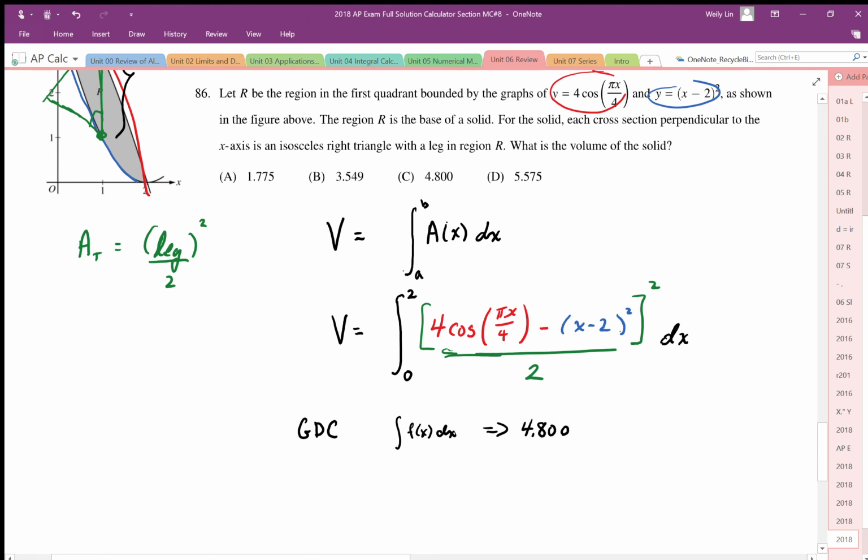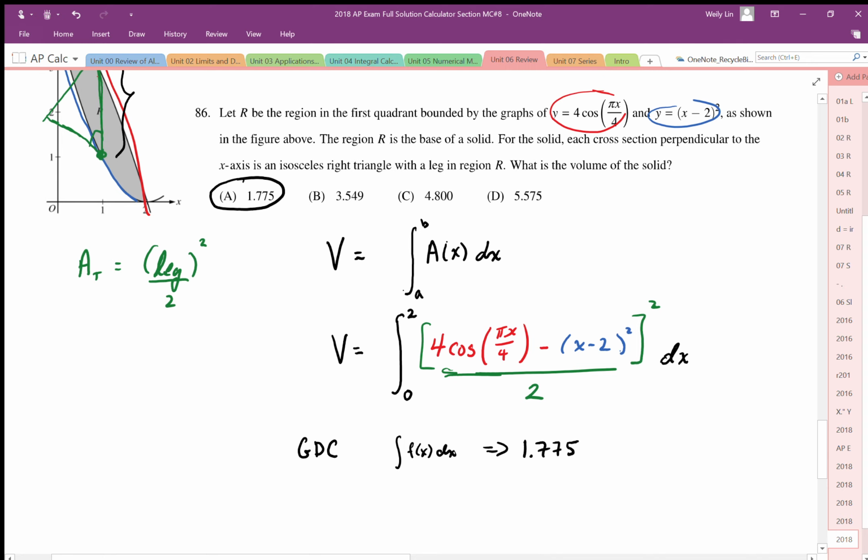So the answer to question 86 is not 4.800. Sorry, my mistake. Integrating this again. So question number 86, the answer ends up being A, which is 1.775. That's the volume that's generated, in units cubed, and I get that from my graphing calculator.